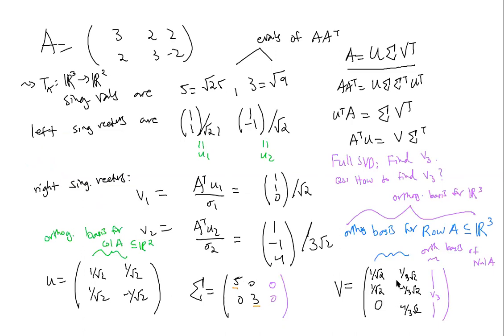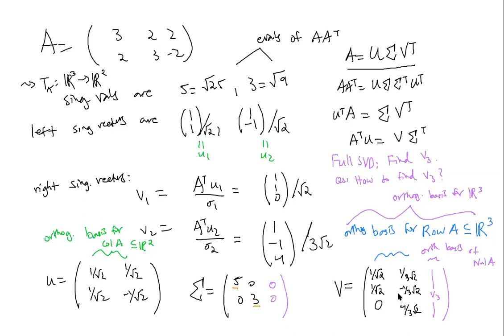Right. So for the truncated version, U and V are not orthogonal matrices because they may not be square, for example. The U we found was square just because the column space of A happened to equal R2. There was no orthogonal complement.